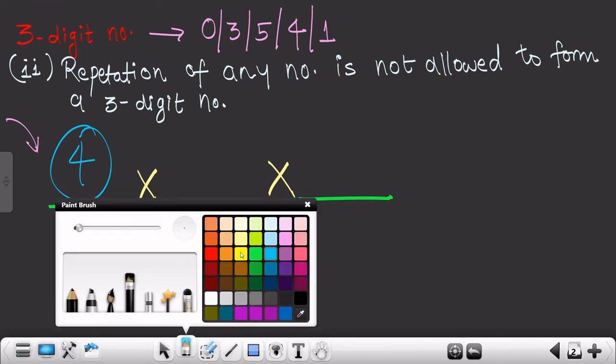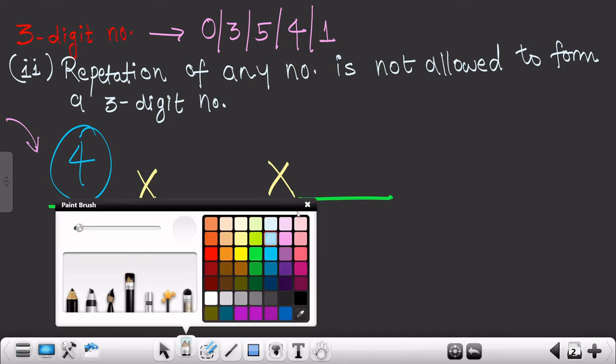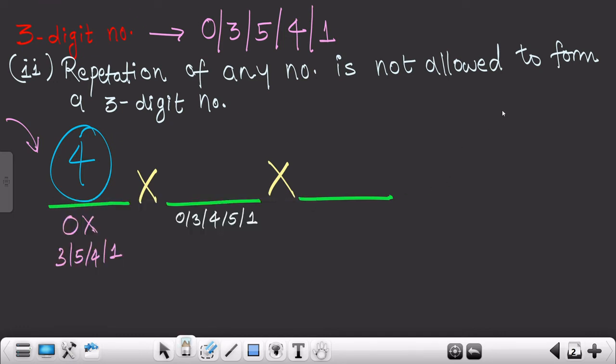Now coming to the tens place. In the tens place, we can fill it in 5 different ways: 0 or 3 or 4 or 5 or 1, provided the number which came in the hundreds place won't come. For instance, let's suppose the number is 5, 4 and 1.